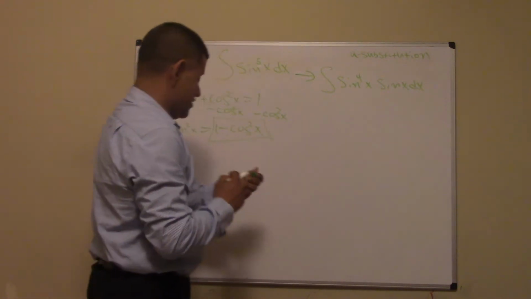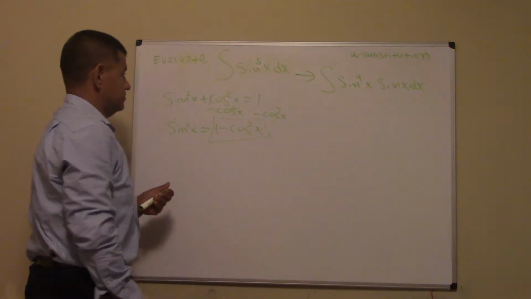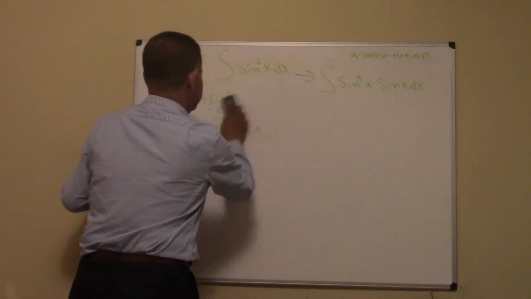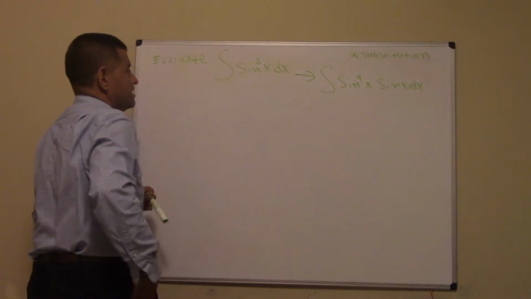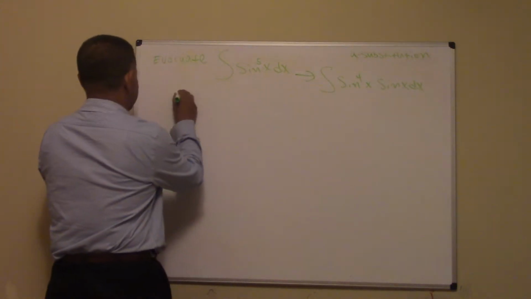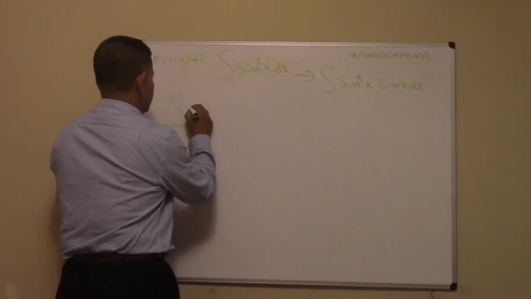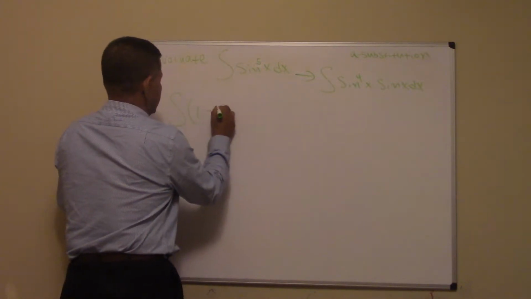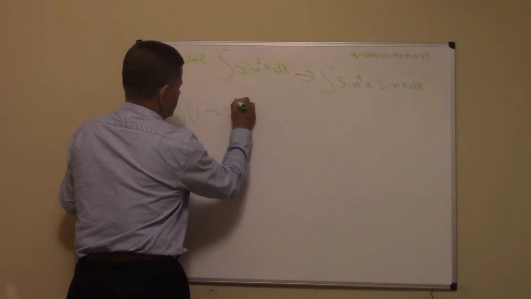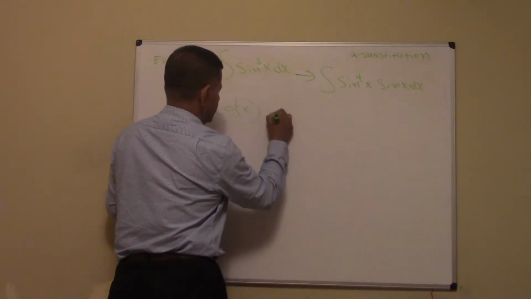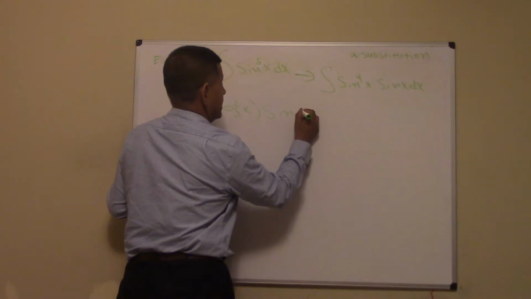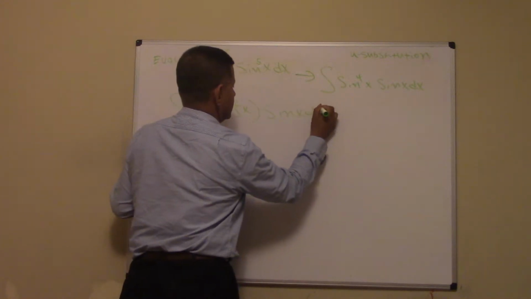Okay? So let me do that right now. We can rewrite this integral as the integral of 1 minus cosine square x, sine x dx.